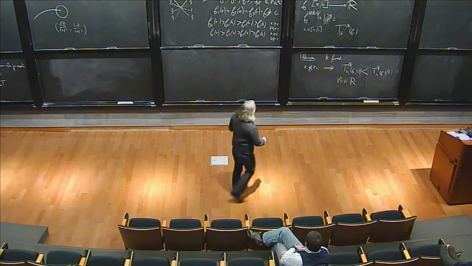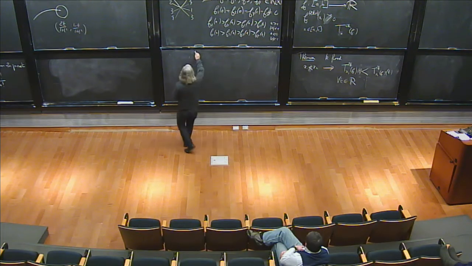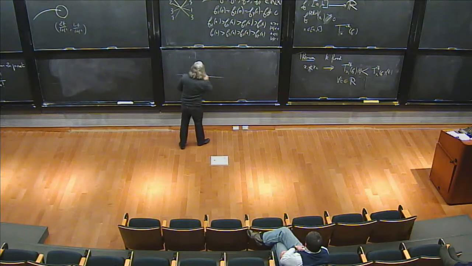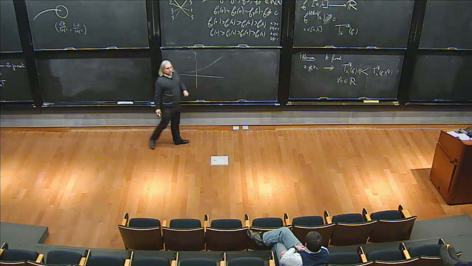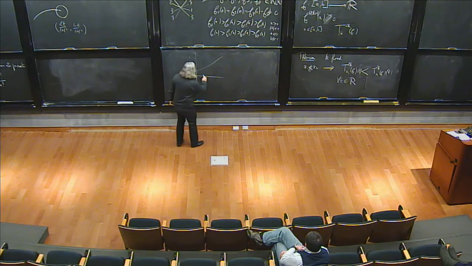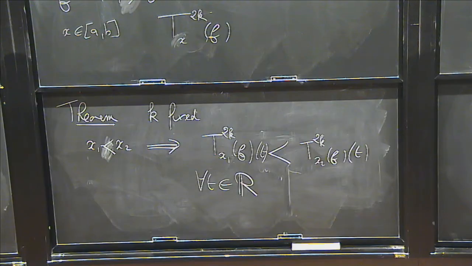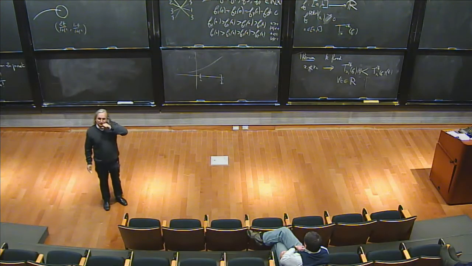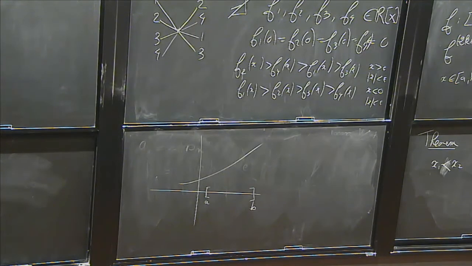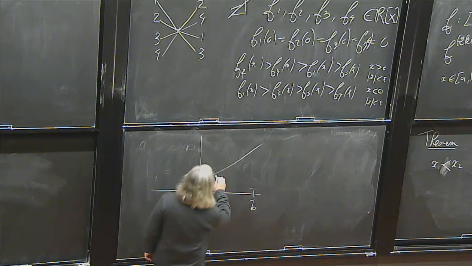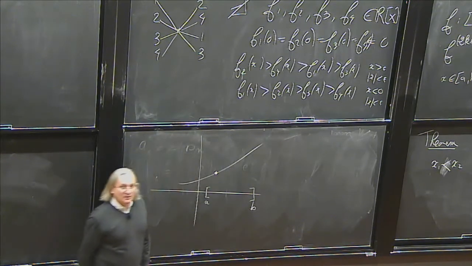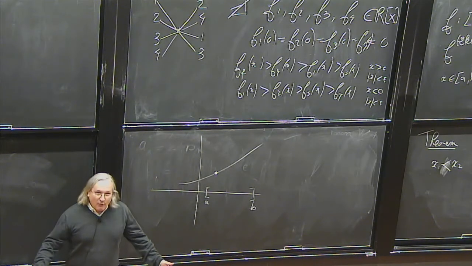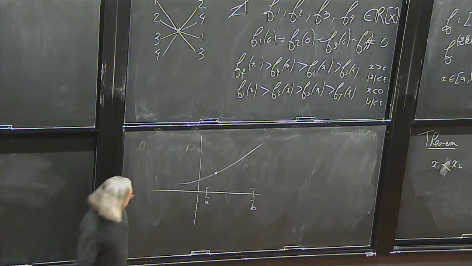So here's the picture. You have your function f. You pick a point x, a, b is here. You assume that the fifth derivative of f does not vanish on AB. For each point in the interval, you have a polynomial of degree 4, the Taylor polynomial. It's something like that.